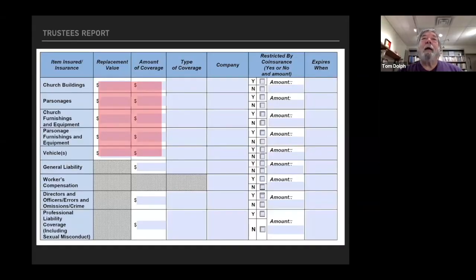So if you are unable to offer coverage for the value, the replacement cost of your property, please talk to your district superintendent and understand that if you are uninsured and have a catastrophic loss, the conference will most likely not be able to assist you very much in replacing what you have lost.